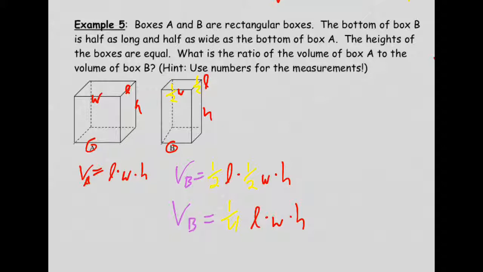So, if volume A is just length times width times height, and volume B is 1/4 of length times width times height, what's your ratio? 1/4. Why? Because this volume is going to be 1/4 of this.